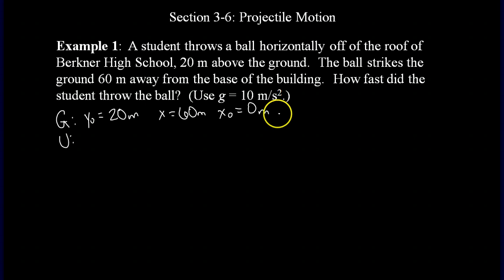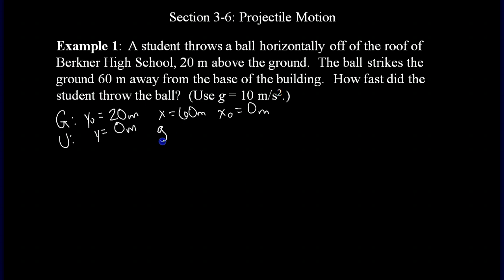Okay, and then the final vertical position of the ball, if it's initially 20 meters away from the ground, is eventually going to be 0 meters. It hits the ground.